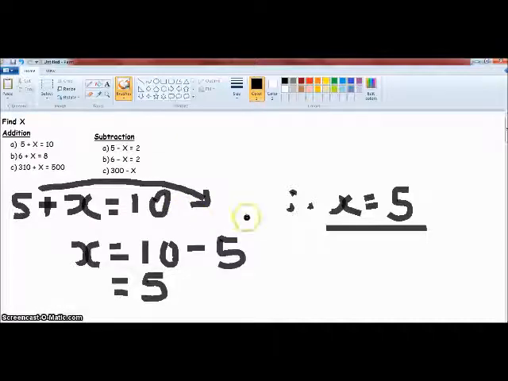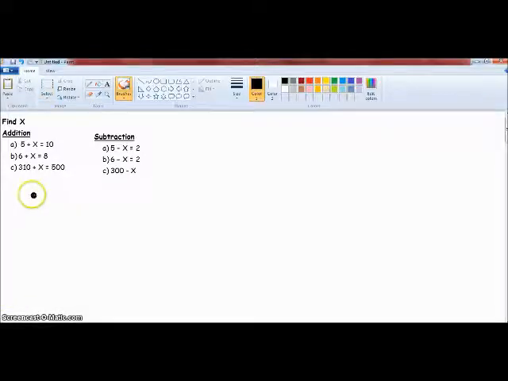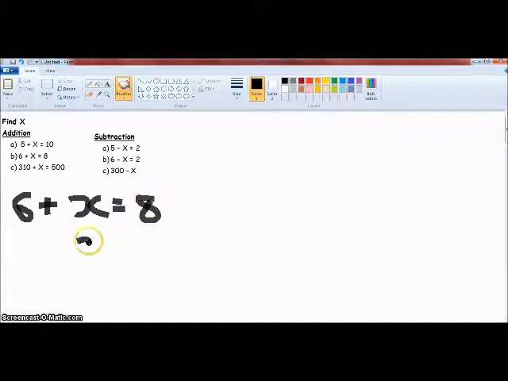Okay, let us move on to example B under addition. 6 plus x equals 8. So I'll write x equals 8. I'll take this 6 to the other side, and so the 6 now will have a minus sign.